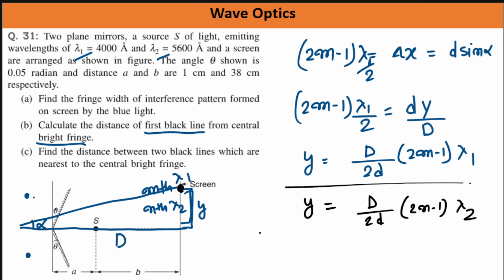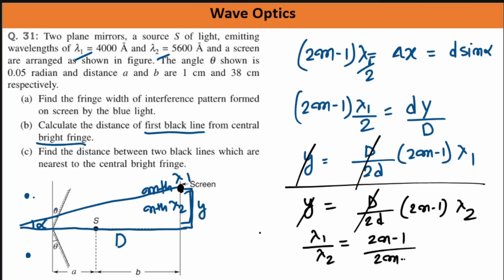Now you need to equate these two, right? So divide कर लो, ये cancel हो जाएगा. So you are left with what? You are left with lambda 1 by lambda 2 is equal to how much? (2n minus 1) by (2m minus 1). Okay, so this will be lambda 1 by lambda 2, क्या होगा? 4000 by 5600.